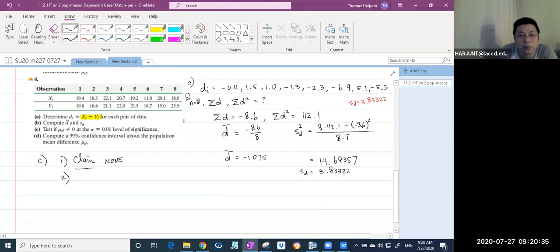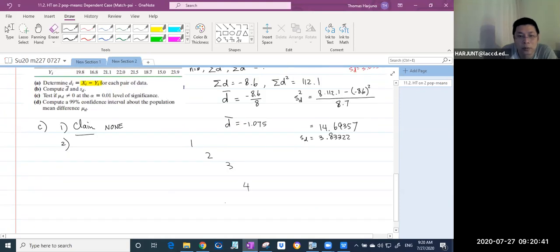Remember the scheme. There's 1, 2, 3, 4, 5, 6. 6 responds to 1, right? Now, because we don't have step 1, then we won't be able to have step 6. Okay, they give us step 2, right? So the furthest we can go is actually step 5.